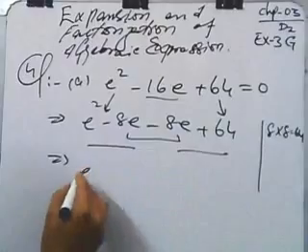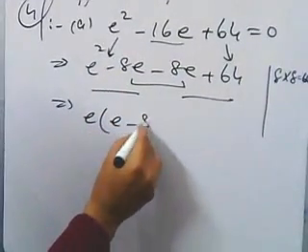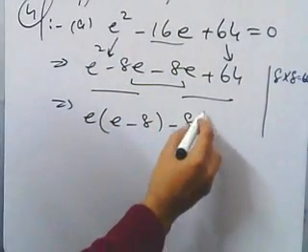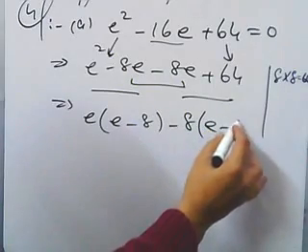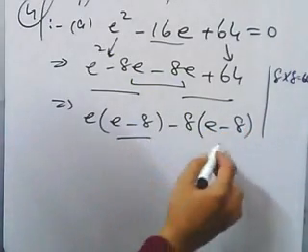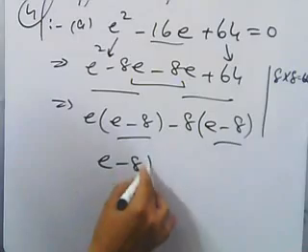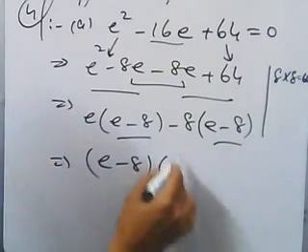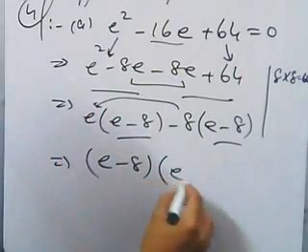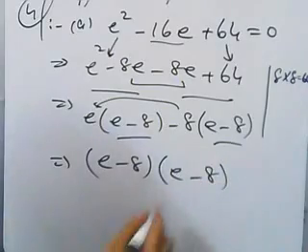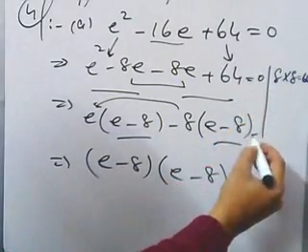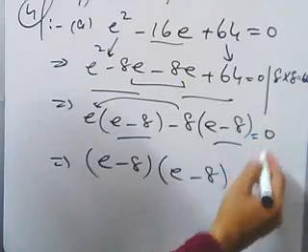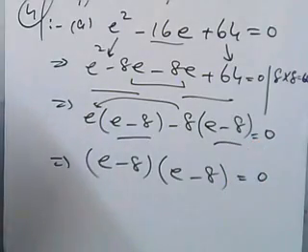From the first pair you can take common e, and e minus 8. Similarly from the second pair you take common minus 8, and again e minus 8 is the common factor in both the terms, as we are well familiar with how to solve such type of equations. So these are equal to 0.